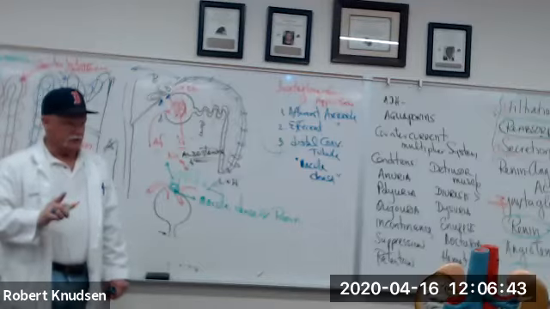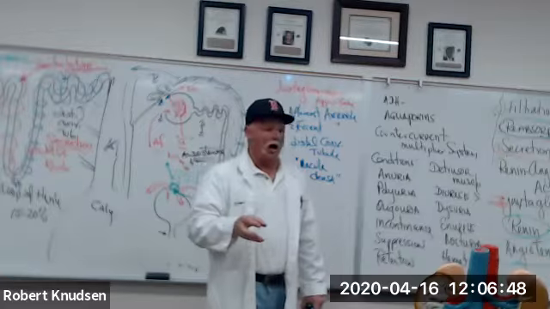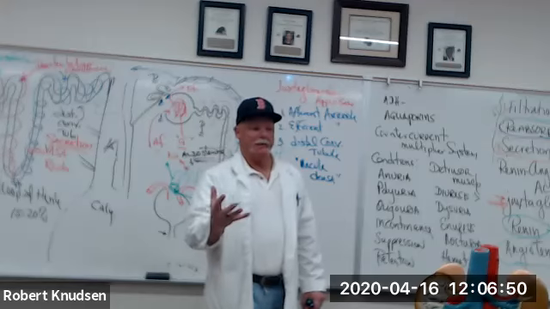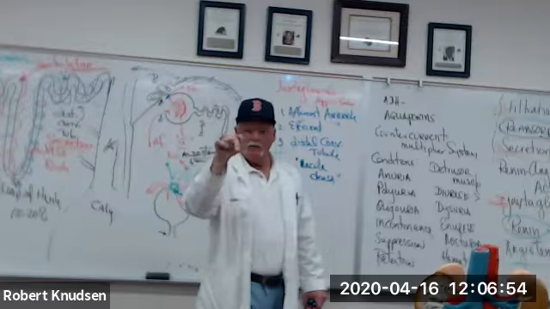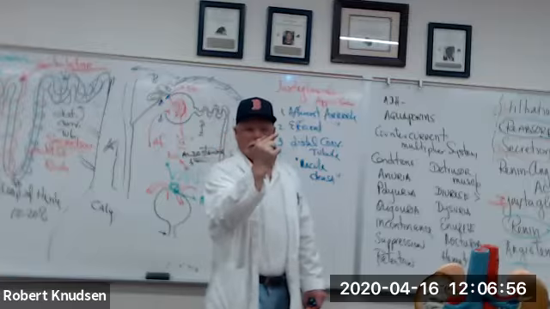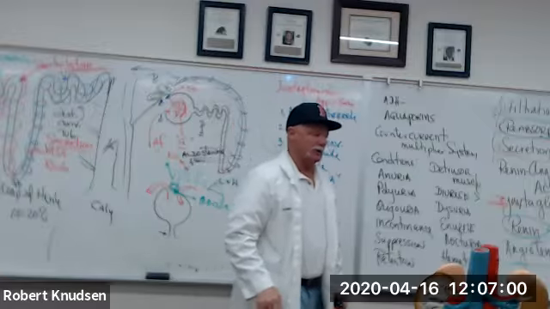Got it? Did you hear that? Aldosterone causes sodium to be reabsorbed. Remember that term? From the renal tubule to the blood, reabsorption. So it causes the reabsorption of sodium.